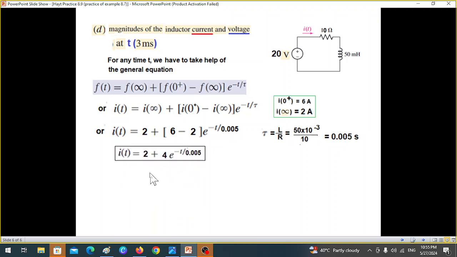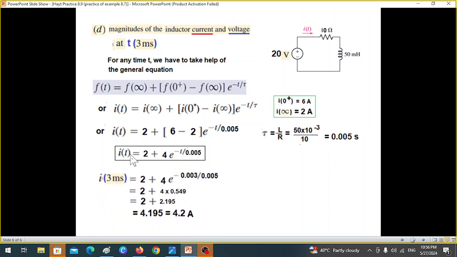Further simplifying, we get this equation. Now this is our general equation, and we can find the value at any time t by using this equation. Since we have to find here for 3 milliseconds, for t we'll now use 3 milliseconds. So I at 3 millisecond, 4 e raised to the power minus 3 millisecond divided by 0.05.